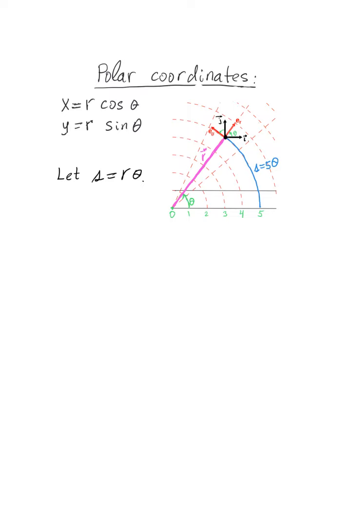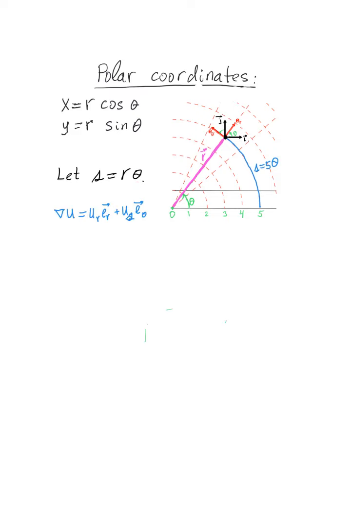Okay, so on this picture, the length of that arc is 5 theta, because the radius of this circle is 5. Okay, but in general, we consider the quantity s equals r theta.